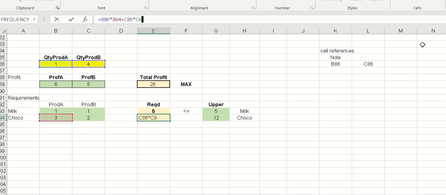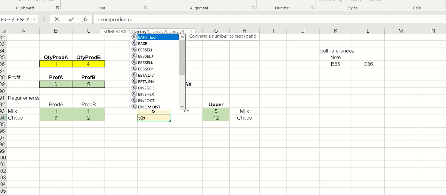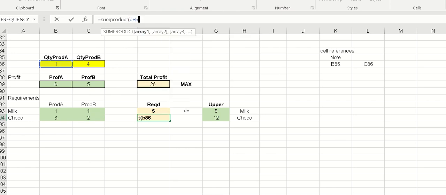This is a sum product of B86 up to C86, comma, and then B94 up to C94. That's it. So it has the same effect as that one. I'm not going to rewrite this, just to remind you that they are the same.